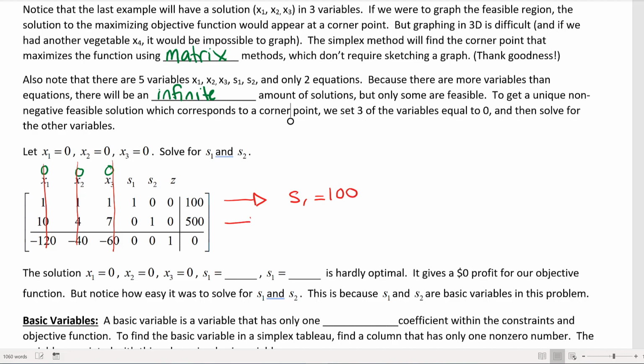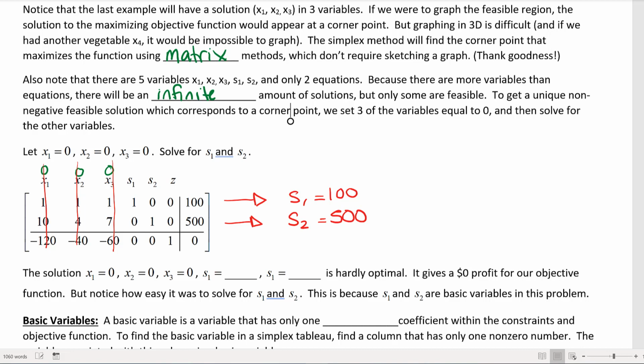The next equation, so for x1 I have 10 times 0, which is 0, 4 times 0, which is 0, 7 times 0, which is 0, 0 s1, so I'm not going to write that. I have 1 s2 plus 0 z, so I'm not going to write that, equals 500.